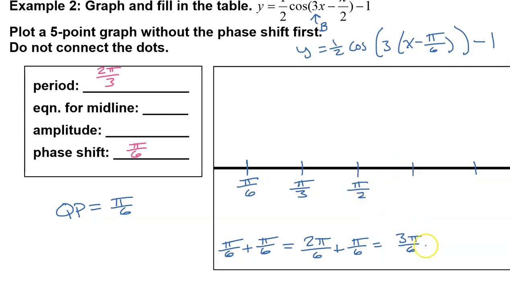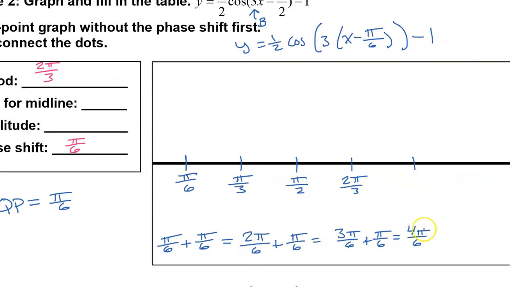Time for the next position. I will add another quarter period. That's going to give me 4 pi over 6, which reduces down to 2 pi over 3. And finally, if I add another quarter period, that's going to give me 5 pi over 6, which does not reduce.